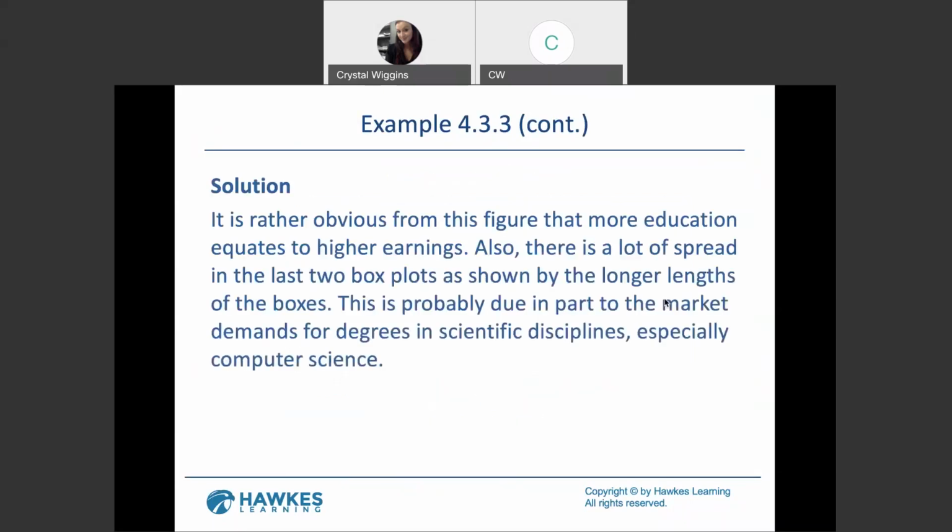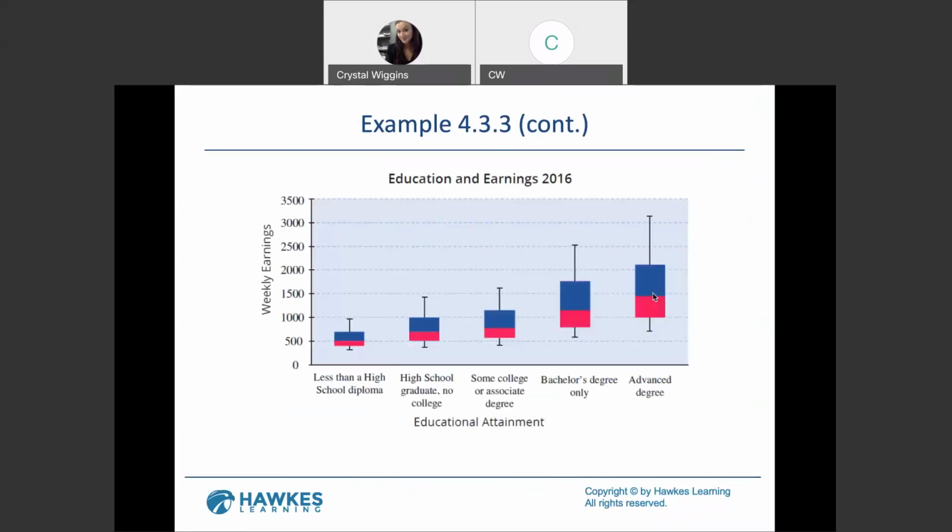It is rather obvious from this figure that more education equates to higher earnings. Also, there is a lot of spread in the last 2 boxes, and not so much in the first couple boxes. So we're talking about the heights of them. If we look back at the graph, notice from the 10th percentile to the 90th, there's not much spread.